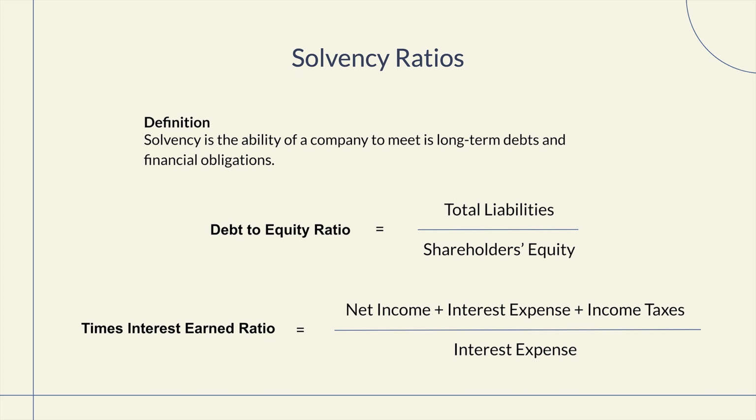The debt-to-equity ratio is calculated by dividing total liabilities, both current and non-current, by total stockholders' equity, including retained earnings, whereas the times interest earned ratio is calculated as net income before subtracting interest expense and income taxes divided by interest expense. Since net income is computed by deducting interest expense and income tax expense, we must add them back to compute income before interest expense and income tax.